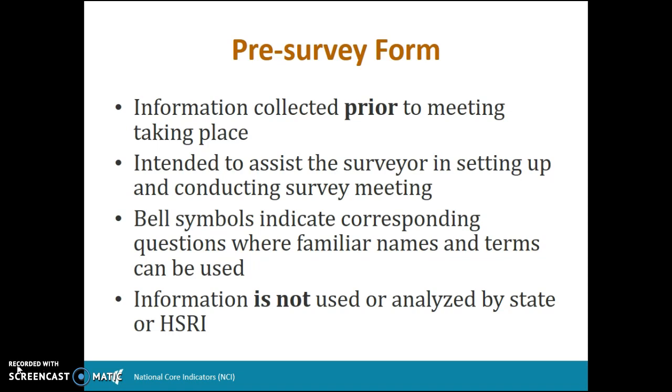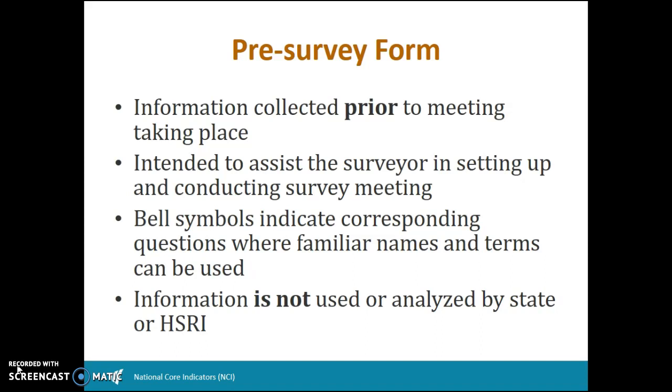So really briefly, for those of you who may be new to collecting information for the IPS, or Adult In-Person Survey, I just want to talk about what these two sections that we're going to focus on today look like. We have the pre-survey form, and this is information that's always collected prior to the meeting taking place. It's information that helps the surveyor set up and conduct the survey meeting.